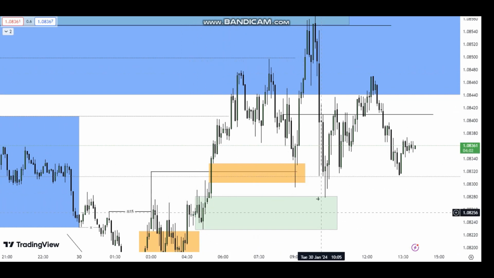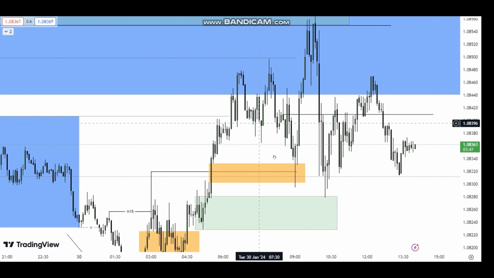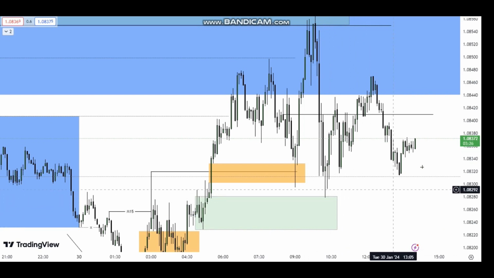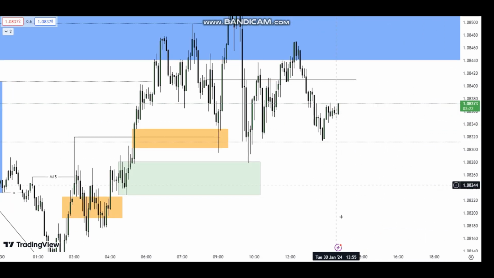Internal liquidity to maybe target another external liquidity as well. You look at the fact that price came in for internal liquidity at a higher time frame to target external liquidity, to come back to internal liquidity, which is this FVG right here, to now start targeting external liquidity. Potentially, they could run down to this level and then continue either up, or they're going to continue further down.